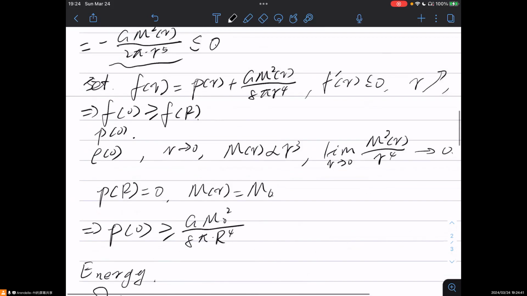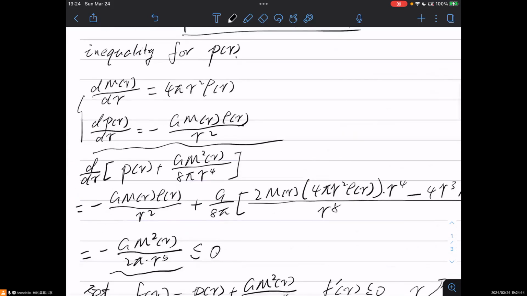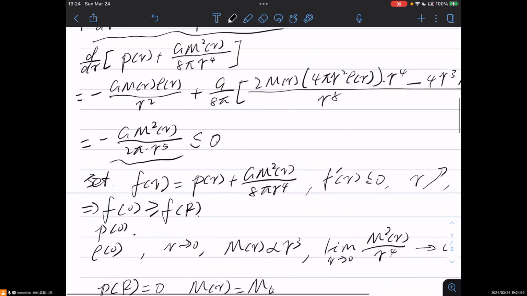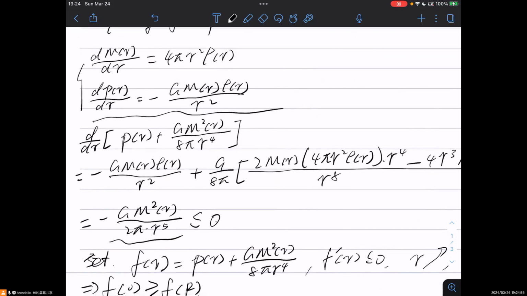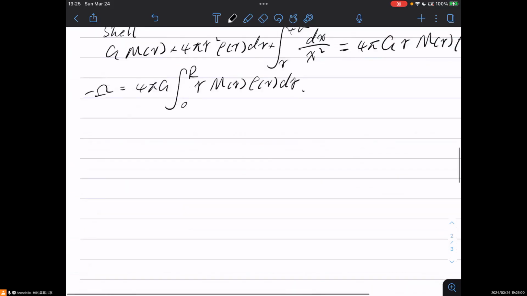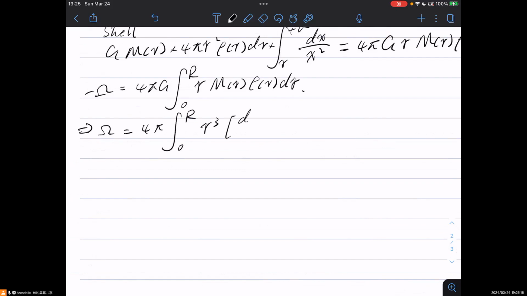Obviously we can use the fundamental equation for hydrostatic equilibrium for stars, and we can substitute G m(r) rho(r) over r squared into the expression of minus omega, and we obtain omega equals 4 pi integrate from 0 to capital R, third power of r times dp(r) over dr, dr.